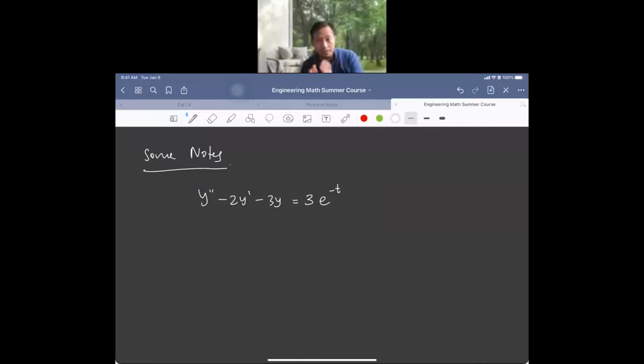It's the same formula for the left side. So the homogeneous will be the same. First, the homogeneous solution is y equal C1 e^3t plus C2 e^-t.